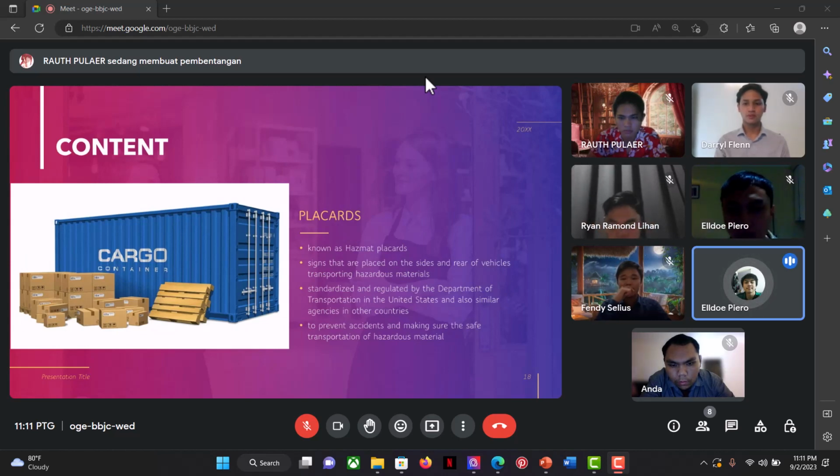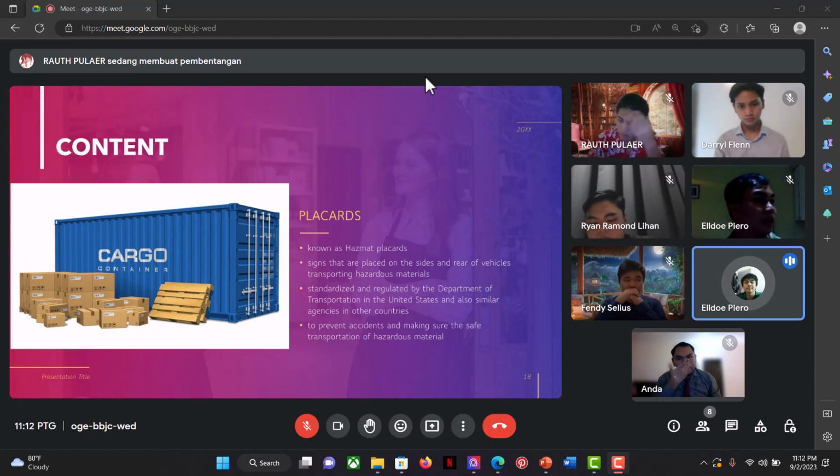They also display a unique symbol, number, and color code to indicate the type of hazard posed by the material being transported. So, the use of placards helps to prevent accidents and ensure the safe transportation of hazardous materials.